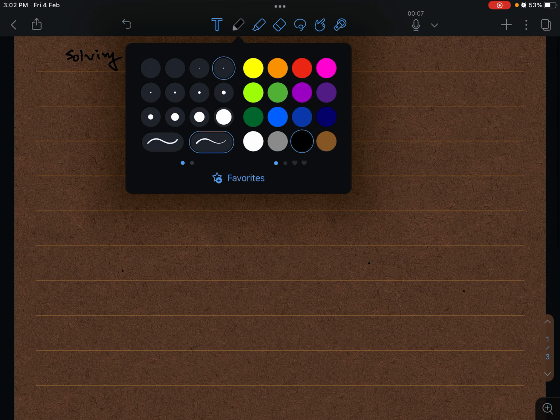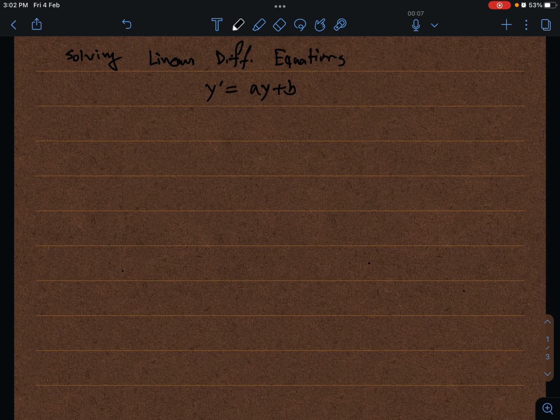Okay, so we have the integrating factor method. Let's say we have this particular equation y prime equals ay plus b.